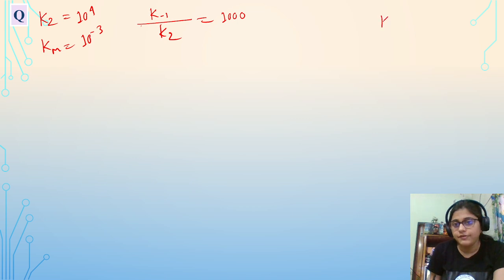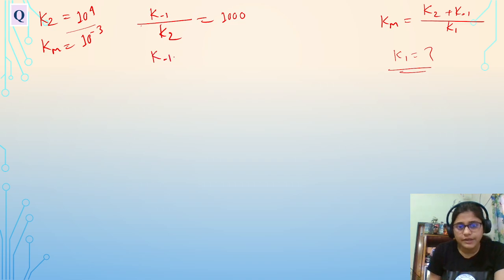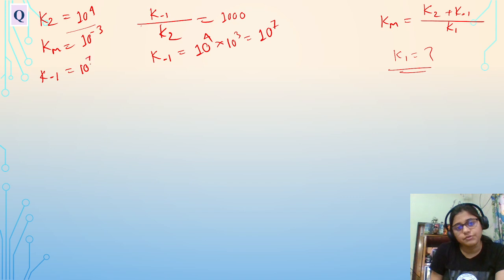And for the Km value, we need K2 plus K inverse by K1, and K1 value we have to find out. K2 we know is 10 to the power 4. So K inverse will be 10 to the power 4 into 10 to the power 3, which is 10 to the power 7. So now we know K inverse value also.